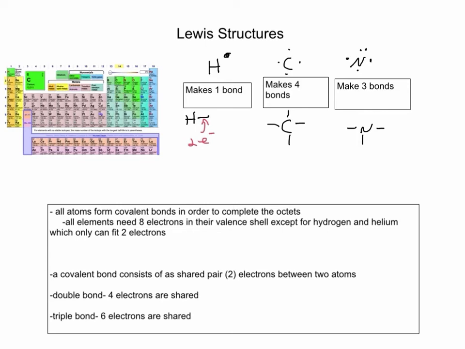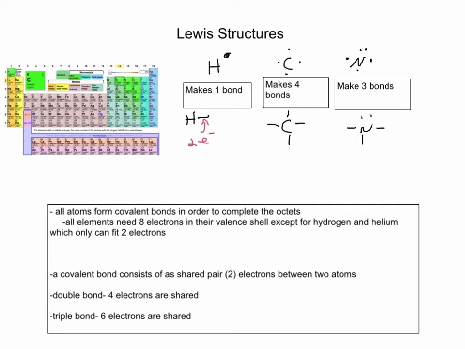Well, you may be looking at this nitrogen I just drew and notice that it only has 2, 4, 6 electrons around it. What about the other 2 that it needs to make 8? Well, those 2 electrons will take the form of 2 dots.